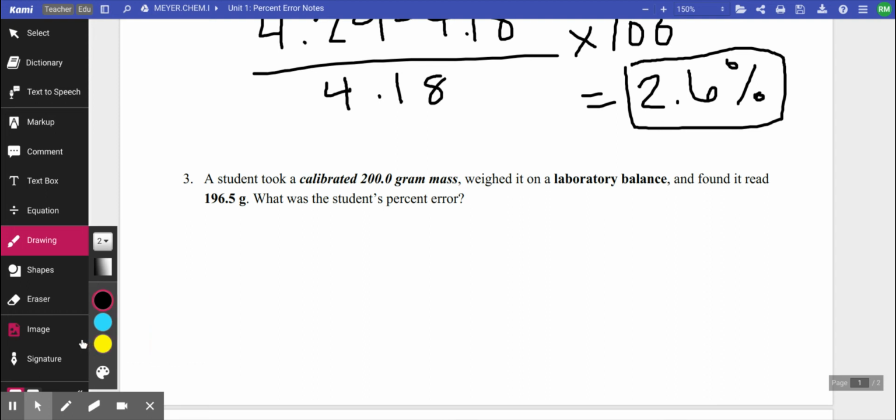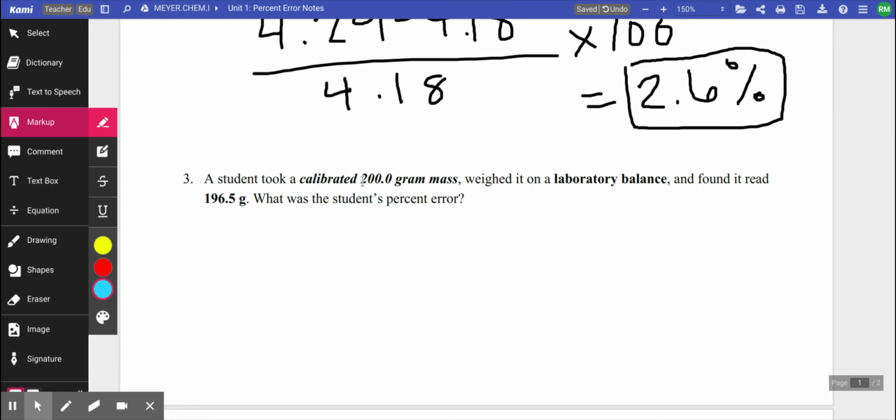Well, if it is calibrated to 200 grams, that is the actual value. 200 is our actual value. Our measured value is going to be what we do in lab, and we got 196.5.